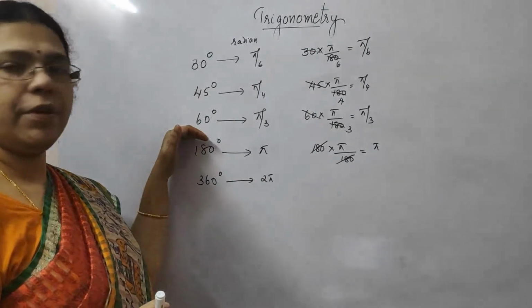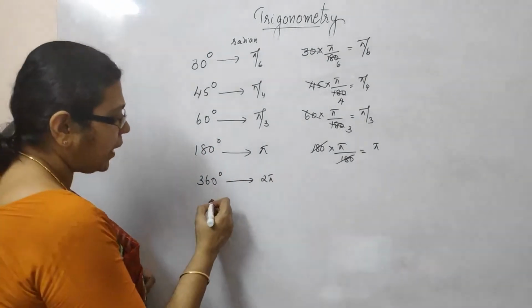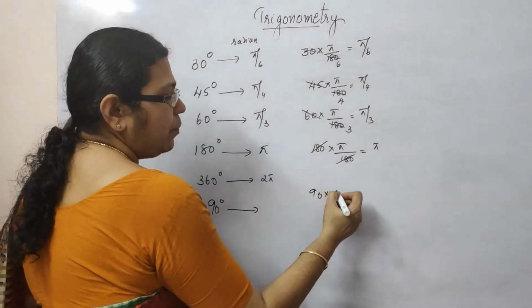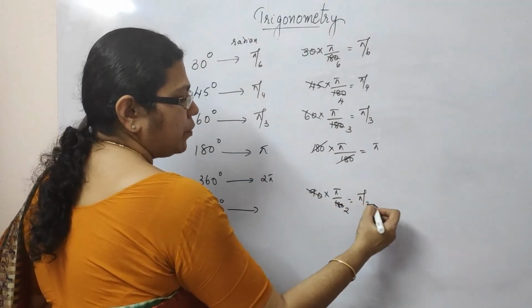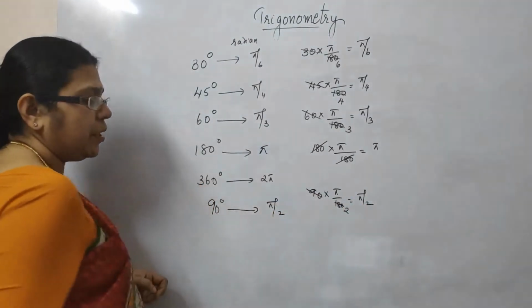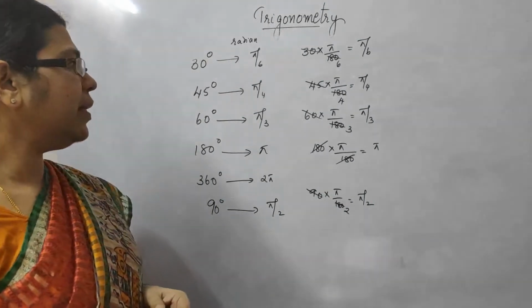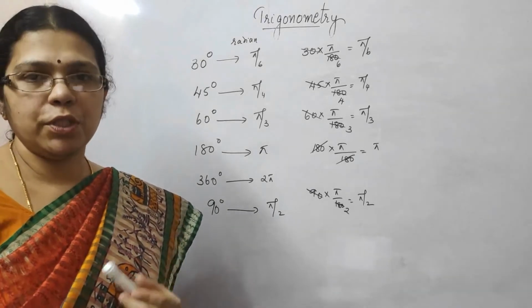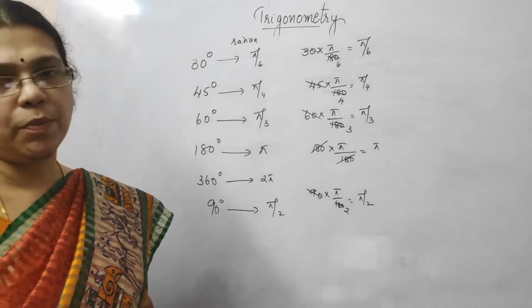Then 90 is also there. 90 into pi by 180 is pi by 2. So the radian measure corresponding to 90 degrees is pi by 2. These are the various degree measures converted to radian measure which we will be using frequently in this chapter. Now let's move on to the problem session.